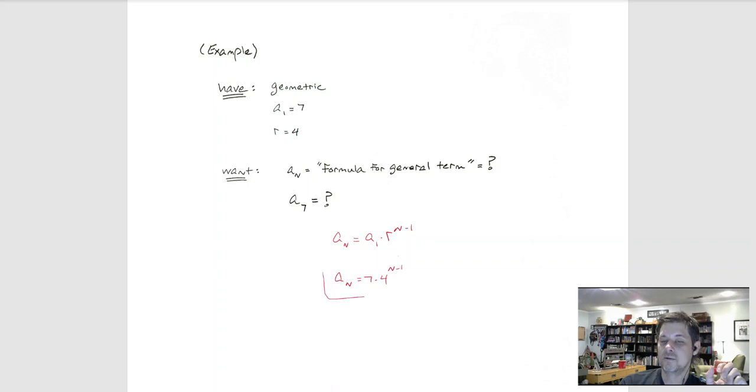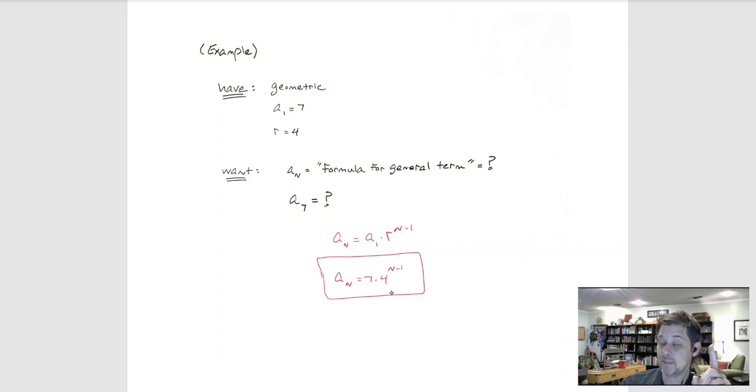Now there's the general term formula. I can't simplify or reduce that any further than it already is. I can't say 7 times 4 and get 28 because the 4 has the power applying to it, and so it's locked in there with the power. I can't multiply by 7. There's nothing I can do. I just have to leave this one the way it is.